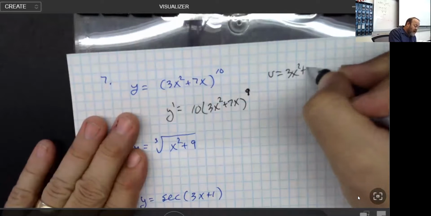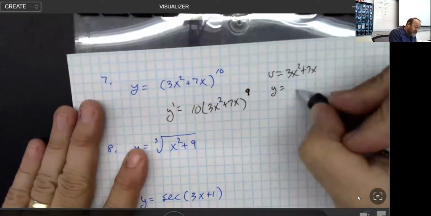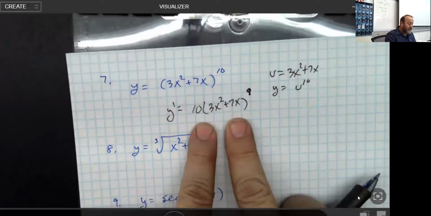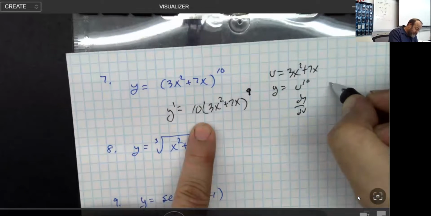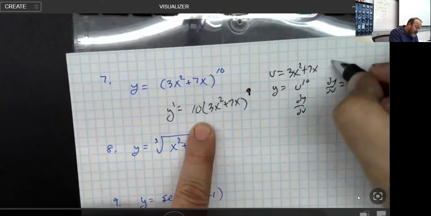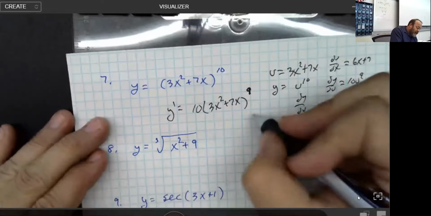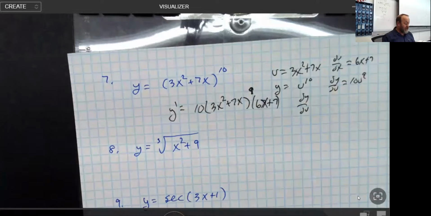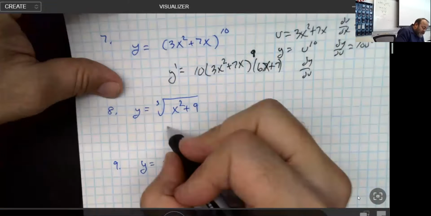But then on the other one, we said y was equal to u to the 10th. So when we did dy du, which is what this is, we still had to multiply dy du, which is 10u to the 9th, by du dx, which was 6x plus 7. So I went ahead and wanted to write that one more time before I abandoned that viewpoint. So the next ones I'm going to be much quicker about.